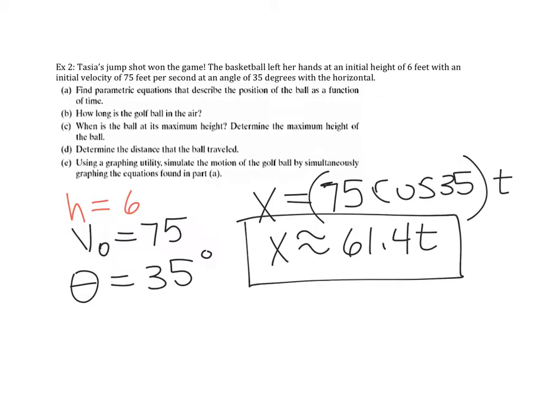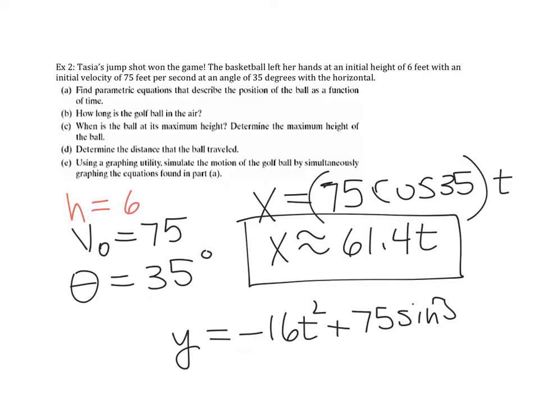And now my second one for y, we need to deal with the fact that we're on Earth. So there's our gravity, since we're in feet per second, and then we take the upward velocity, so initial velocity times the vertical component, which is sine of 35. That's our vertical velocity, so we need to have rate times time, and then plus that initial height of 6.